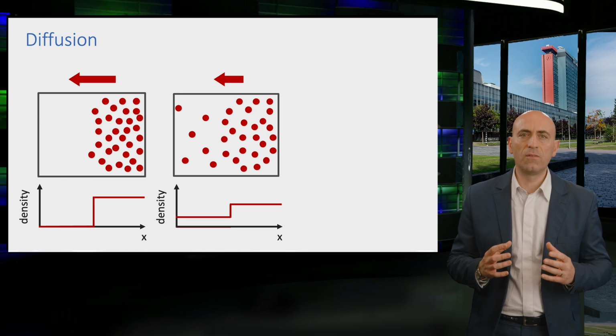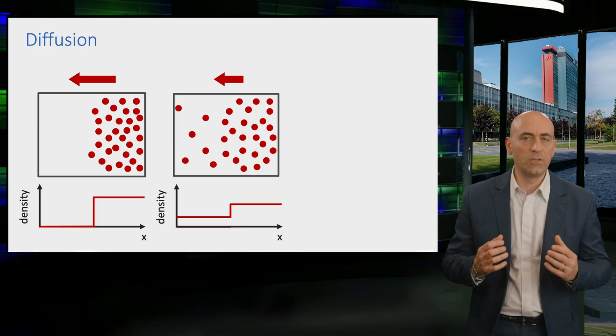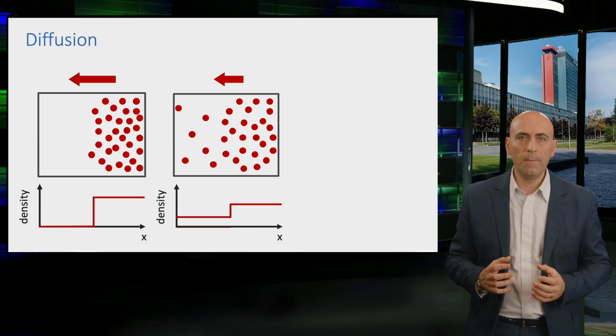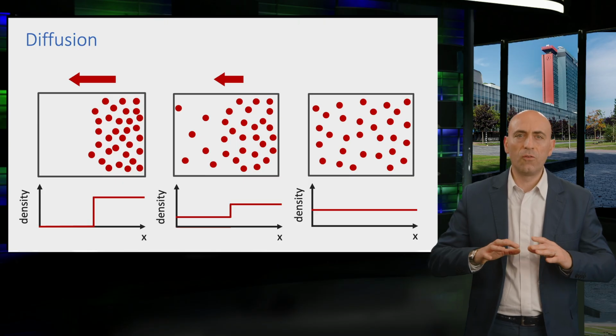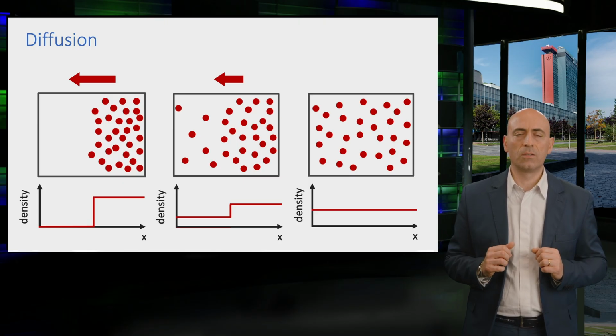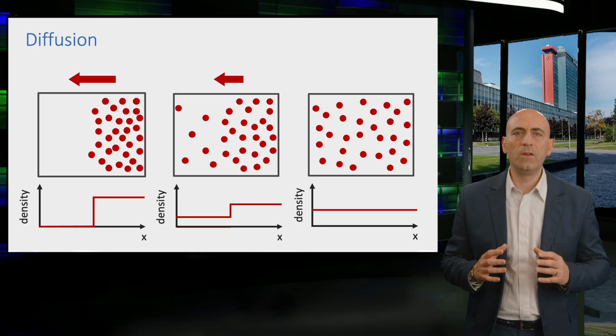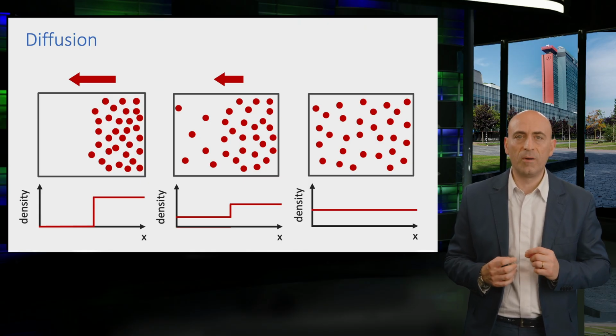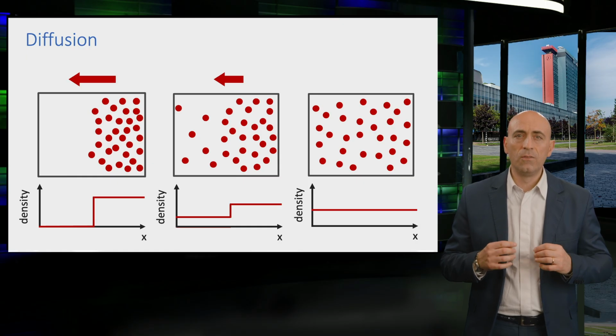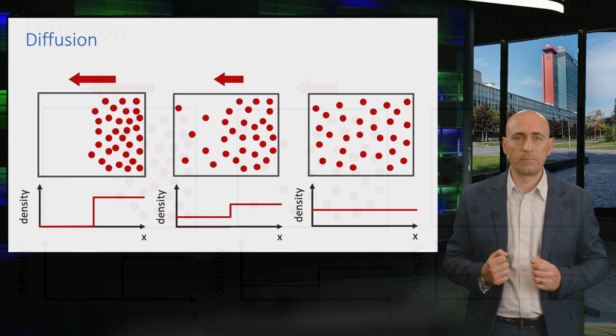This means that the net flow of particles will gradually decrease. Finally, we will arrive at an equilibrium state in which particles are uniformly spread all over the semiconductor. Now, when there is no difference in concentration and consequently no net flow of particles in a certain direction, the diffusion and the corresponding diffusion current will be zero.